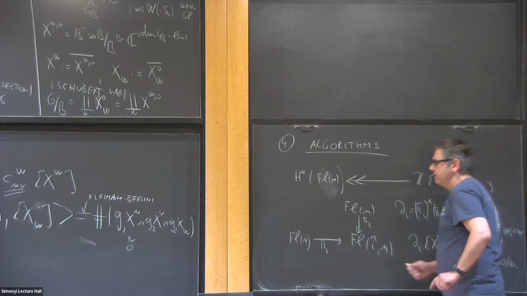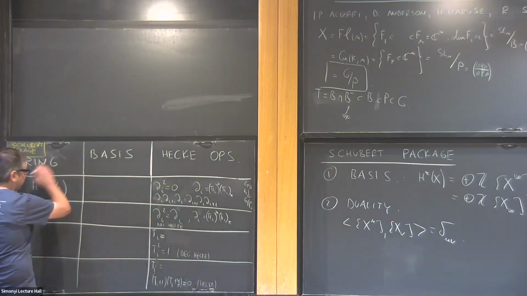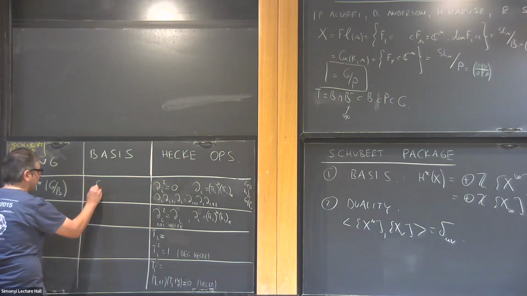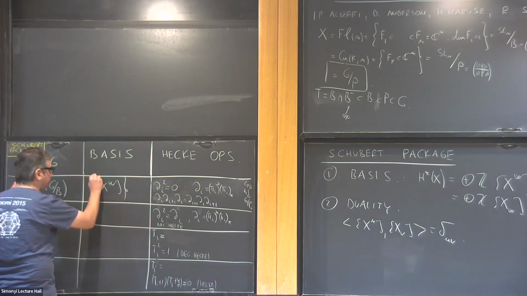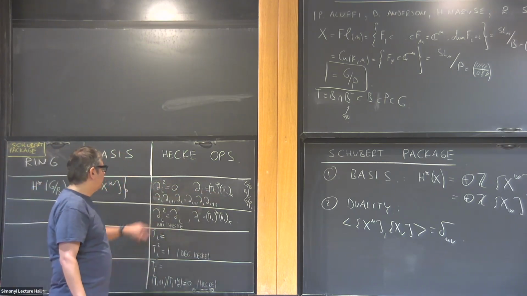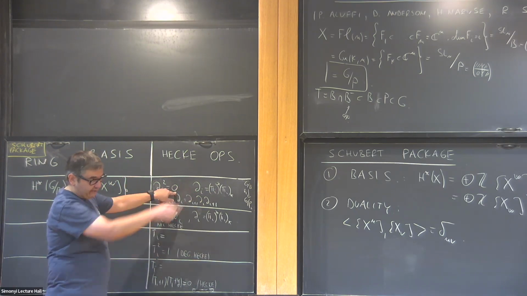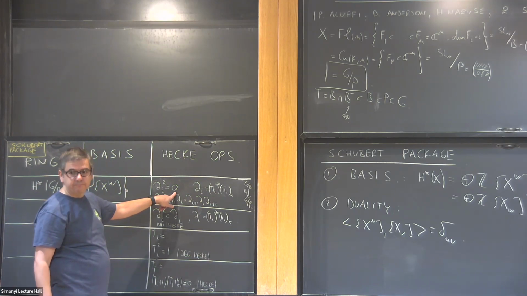It turns out that these operators, and this is why I started to fill up this table here, this is the table about the Schubert package. The basis that we're considering here is this X_W. These operators satisfy very nice relations. For example, you can already check from that formula that if you take the square, you get 0.